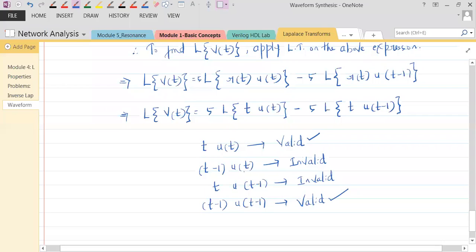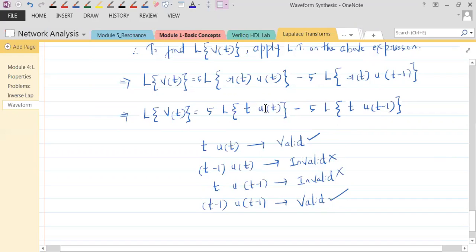One function is of t, the other function is of t minus 1. So we cannot go with these two forms. Not that they're not signals, they are signals, but for application of Laplace transform, these forms would not be suitable. So we need to bring it to either the first form or the second form. Is that okay with you?